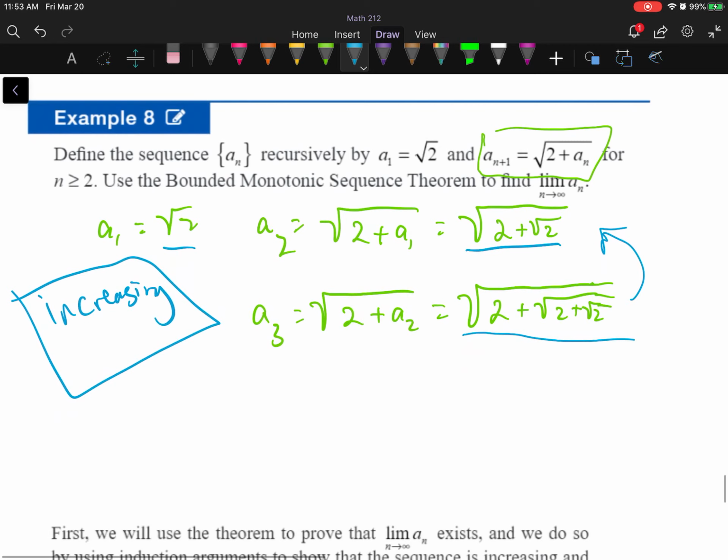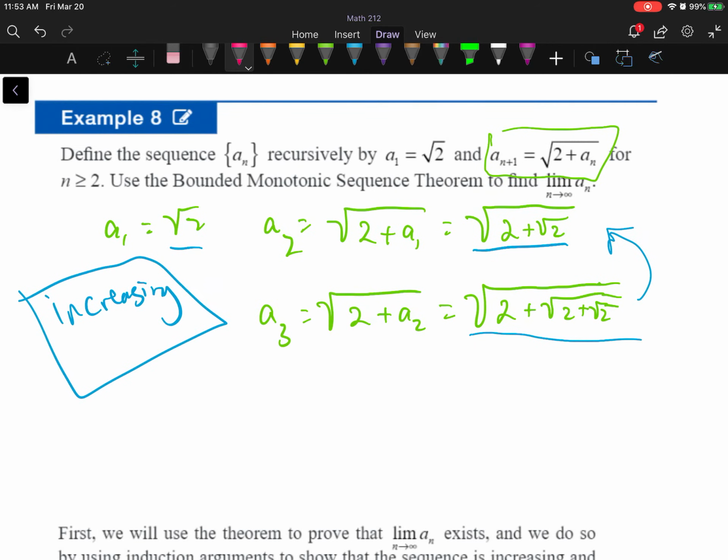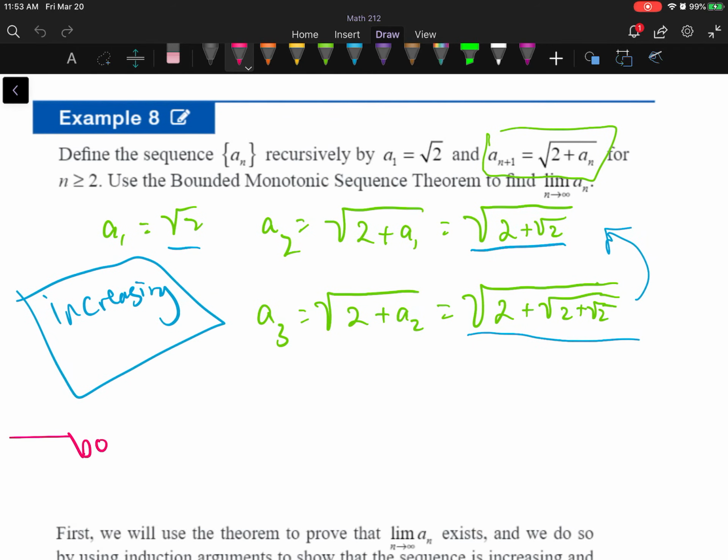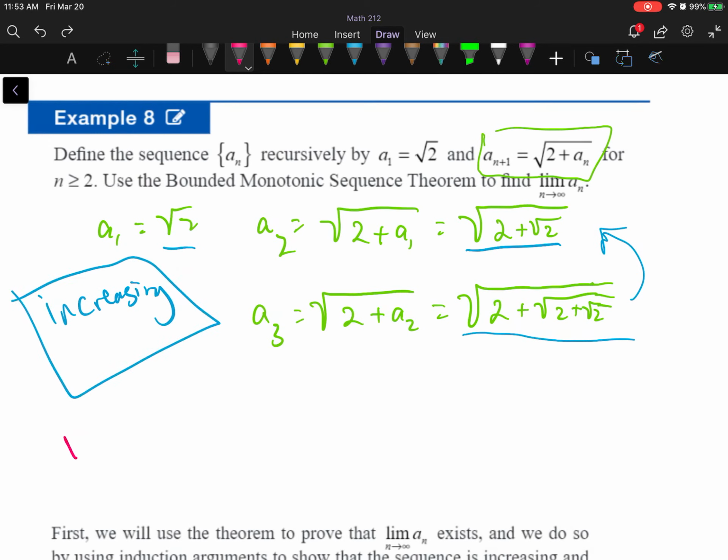And if we're increasing, we would also need to be bounded above. In order to prove that this thing is bounded above, we could probably take a look at the first 10 terms of this sequence and see that it's approaching the value 2 and take that as a guess and try to make it an upper bound.